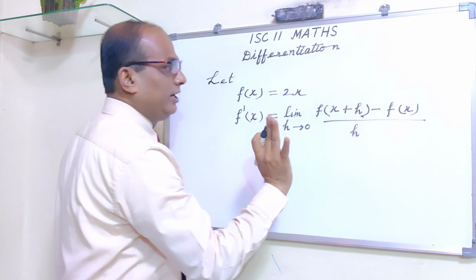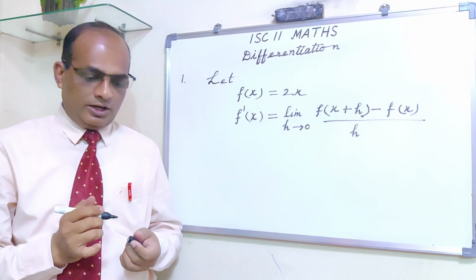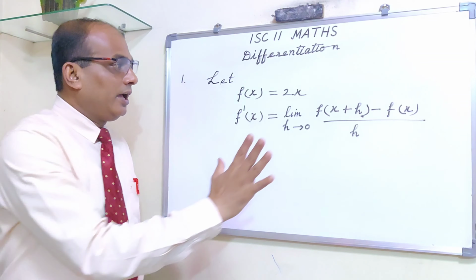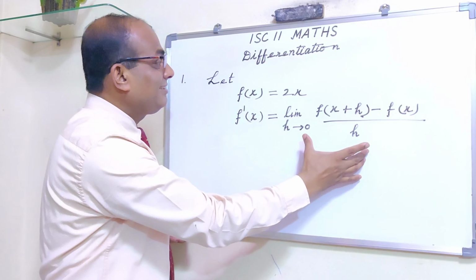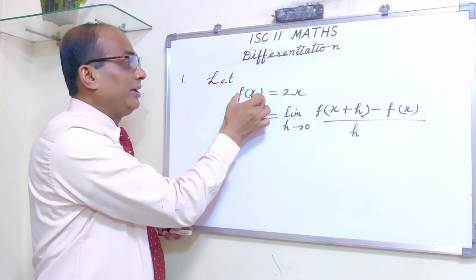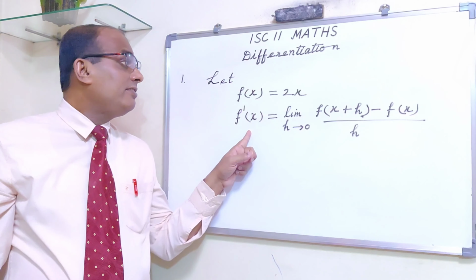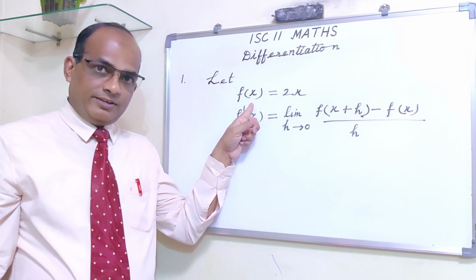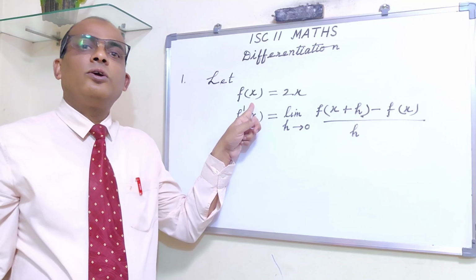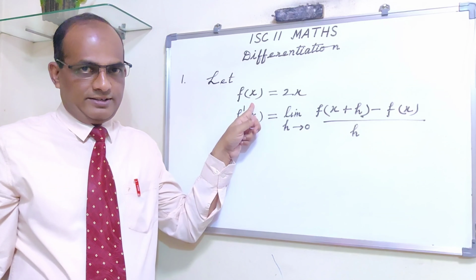That means we have to find out the limit, and you know how to find out the limit. If you find out this limit, that is the derivative of f(x), which we write down as f'(x), the differential coefficient of f(x) with respect to x.